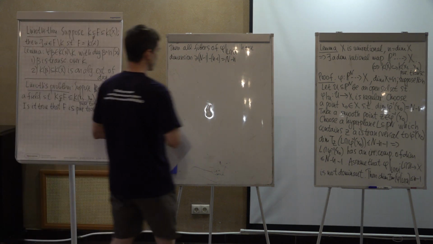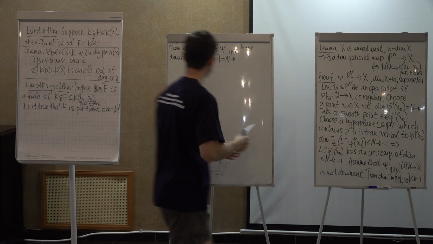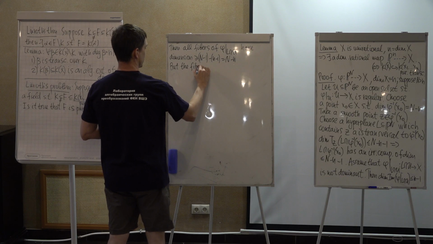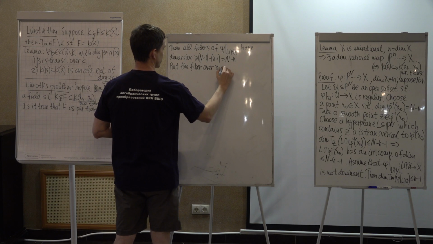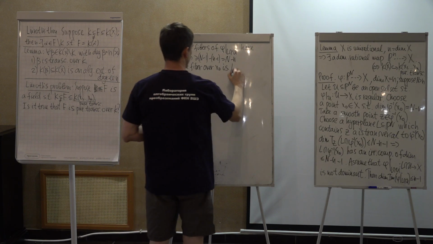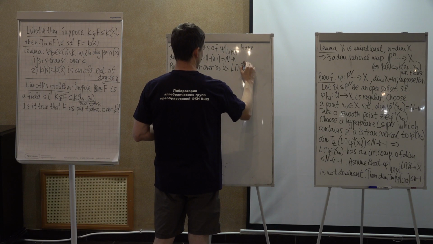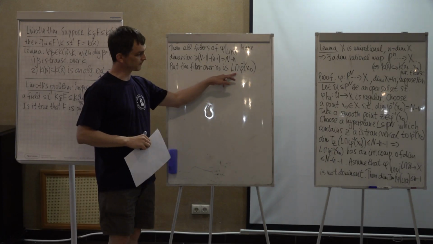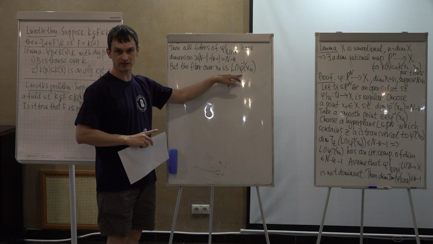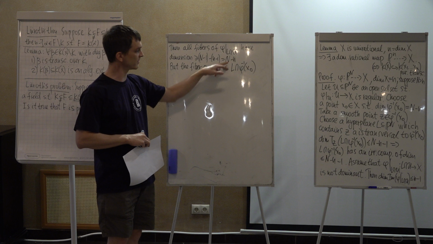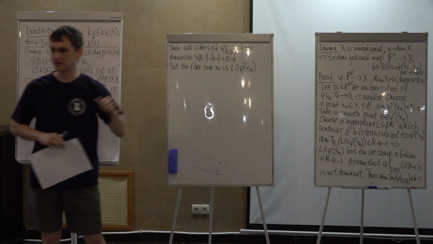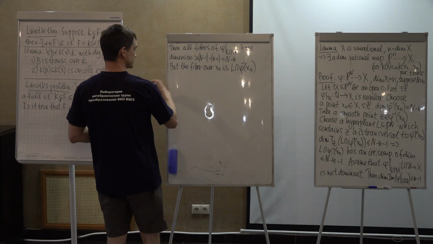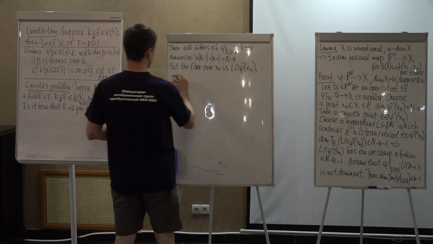But still, the fiber over x0 is the fiber intersected with L. And we have already proved that it contains an irreducible component whose dimension is strictly less than this value. So is it clear? So we've got a contradiction.